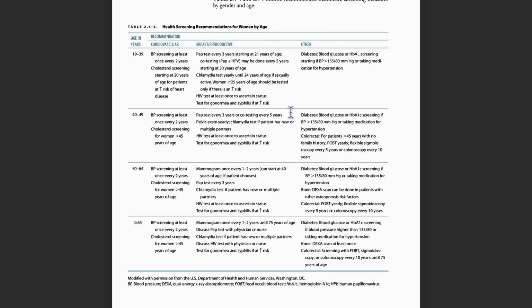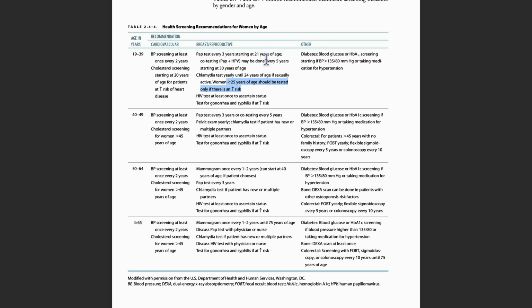Co-testing, pap plus HPV, may be done every 5 years starting at 30 years of age. Chlamydia tests yearly until 24 years of age if sexually active. Women of more than 25 years of age should be tested only if there is an increase in risk. Okay, so chlamydia up till 24 years, and if it's more than 25, then only if there is increased risk.